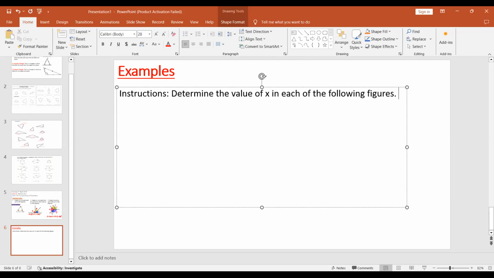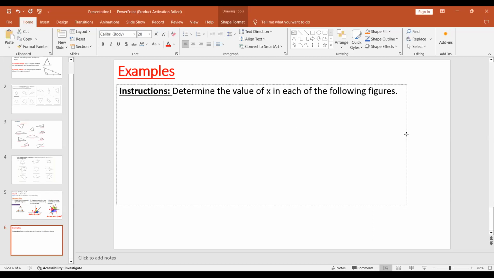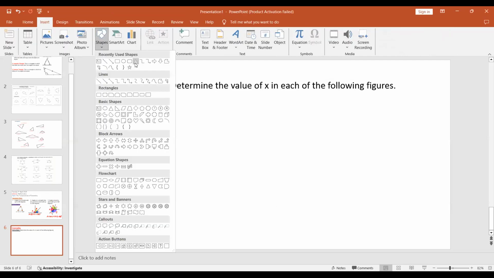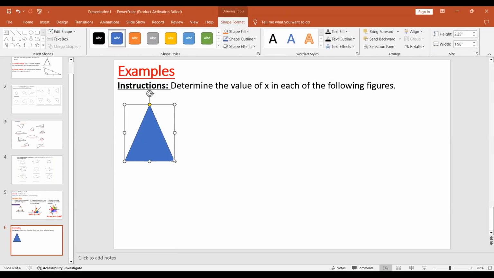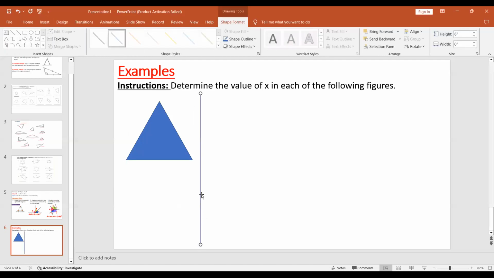All right, so we need to figure out what x is, like what is the value of x, right? So let's do our first example. Example number 1. I'm going to draw a triangle. There will be 3 examples, so I need to make sure I have space for all of these.